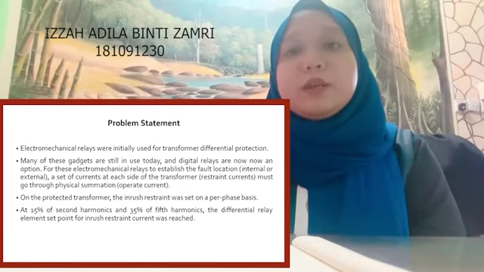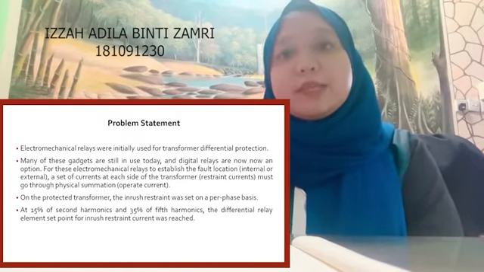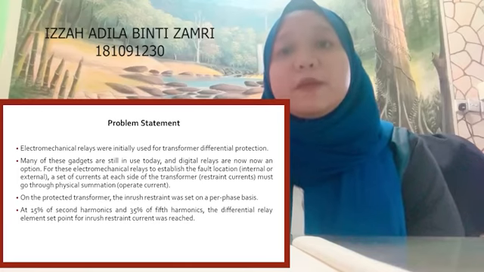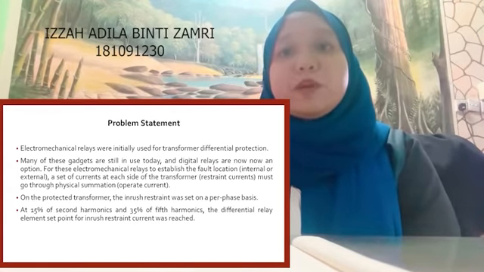On the protected transformer, the inrush rating was set on a per unit basis at 50% of second harmonic and 35% of first harmonic. The differential relay element was set at 0.4, and the inrush rating current was researched.